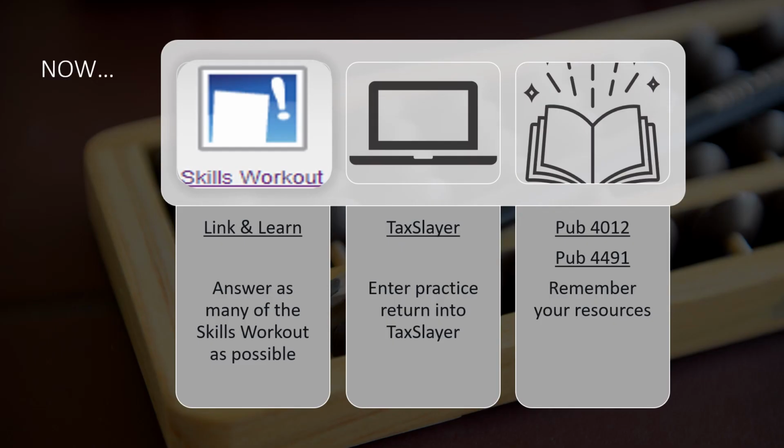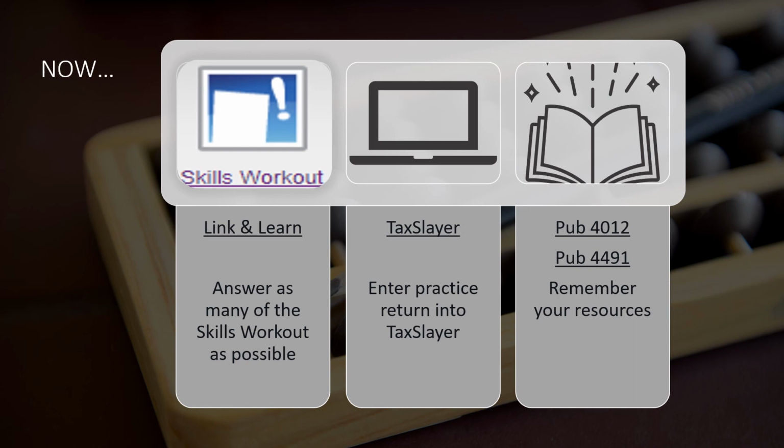So now that we've talked about how to figure out the taxable portion of a retirement distribution or an annuity plan distribution using the simplified method, and we talked a little bit about required minimum distributions, qualified charitable distributions, and the public safety officer exclusion, here's what I want you to do. Go on over to Link and Learn, and beyond just doing the skill check questions, challenge yourself a little bit and do as many of the skills workout questions as possible.